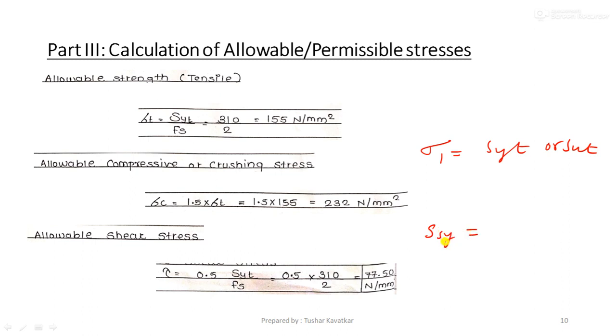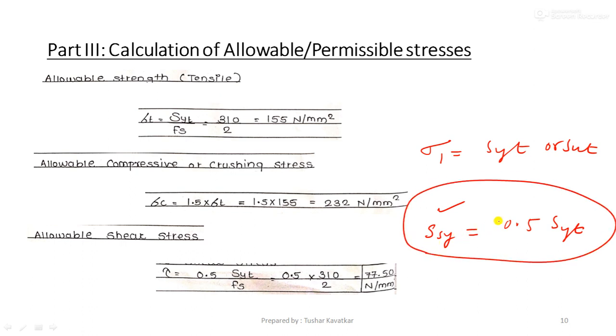What is Ssy? Yield strength in shear, which is always half of the yield strength in tension, that is Ssy is equal to 0.5 Syt. So this is called the maximum shear stress theory, while the other is the maximum principal stress theory. Again, please go back and watch the videos and brush up your basics to understand this.